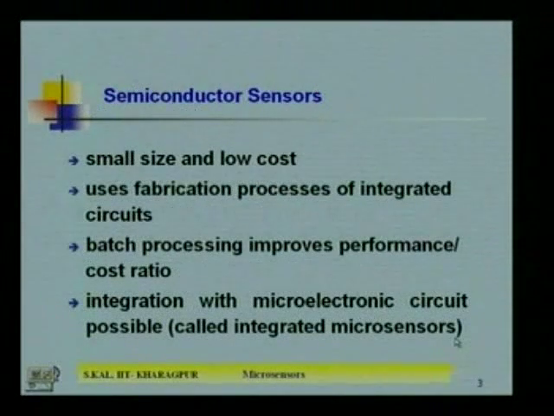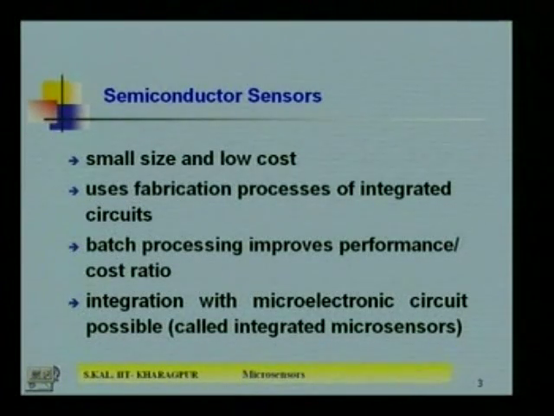Now, the microsensors and semiconductor sensors we are dealing with are based mostly on semiconductor material. They are small in size and low in cost, that is one advantage. They use fabrication processes of integrated circuits or VLSI, that is a very good advantage.